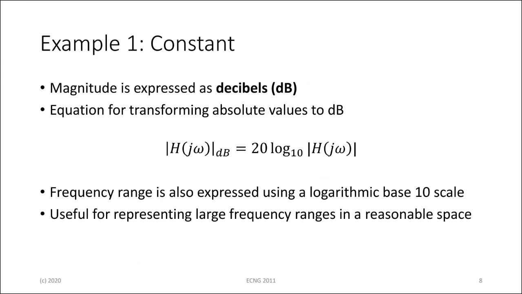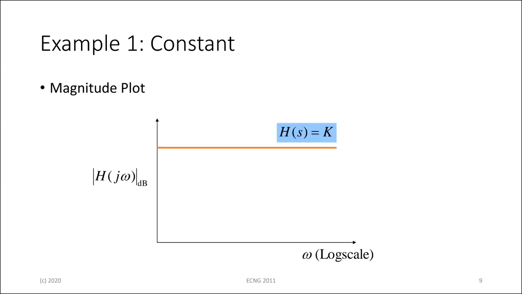then for the Bode plot, you transform it into the log scale in decibels. So if H(j omega) is a constant K, then it's going to be 20 log of K, whatever that happens to be, in decibels. So you plot it out, and this is what the magnitude plot is going to look like: a constant for all frequencies, because that's what H(s) is.